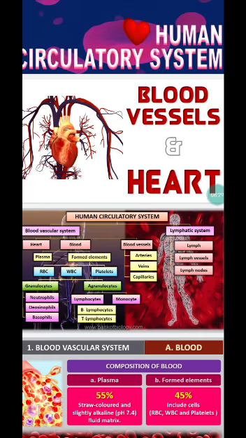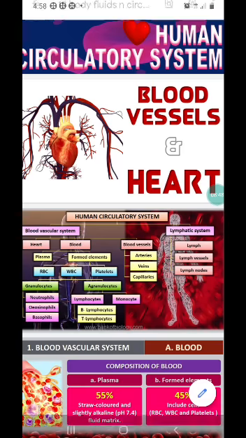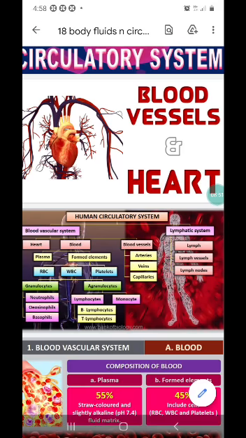So the lymph vessels and also the lymph nodes. And the blood vascular system consists mainly of the heart that pumps the blood into blood vessels, right? So what are the components of the blood vascular system? The heart, the blood vessels. Okay, now we'll be doing the heart in detail. Let me talk about the blood now.